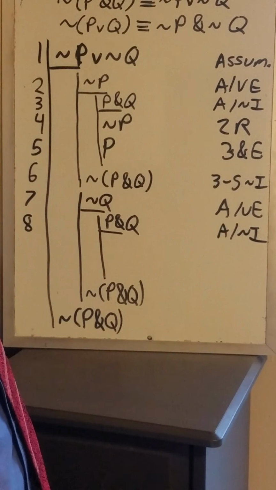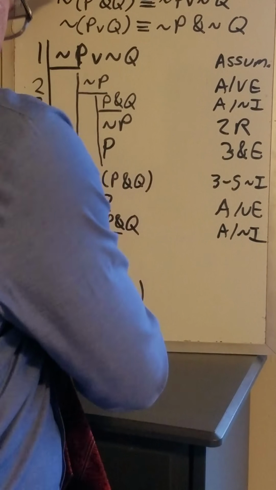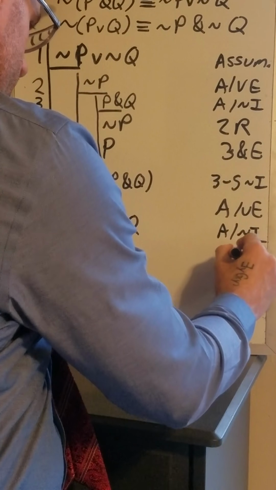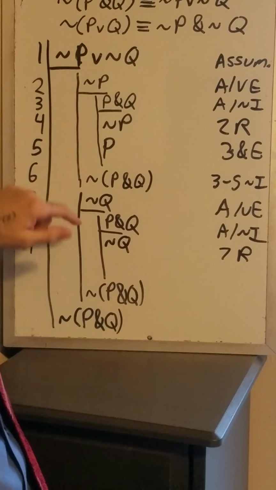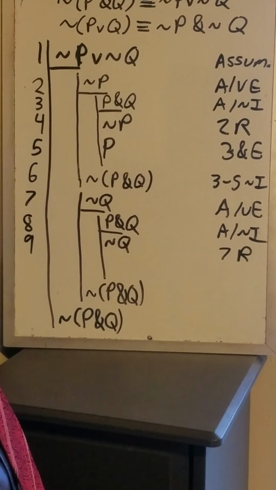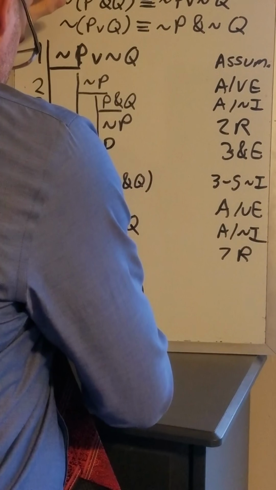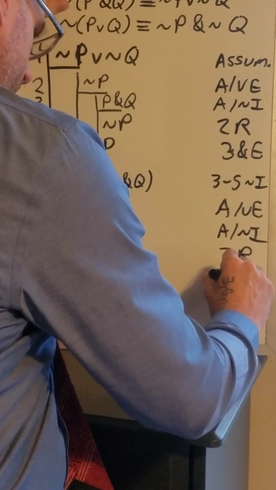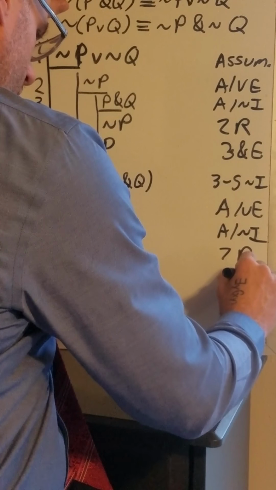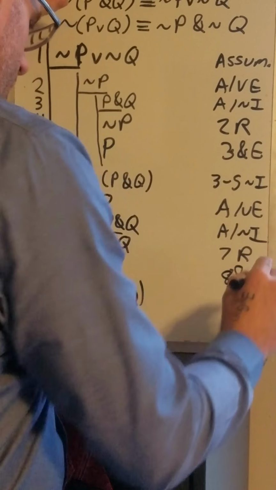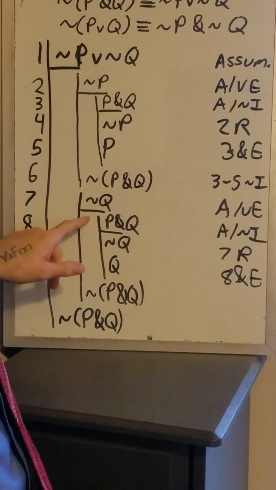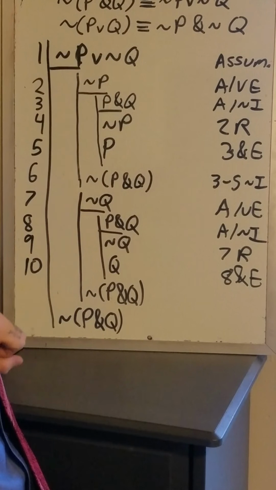We'll reiterate not Q into there. And then we'll use conjunction elimination on line 8 to get our contradiction. So we can go ahead and close this little subderivation out.